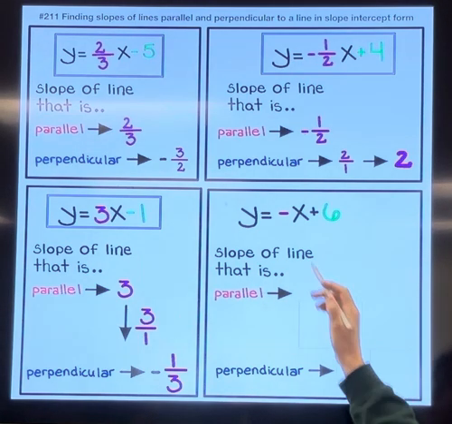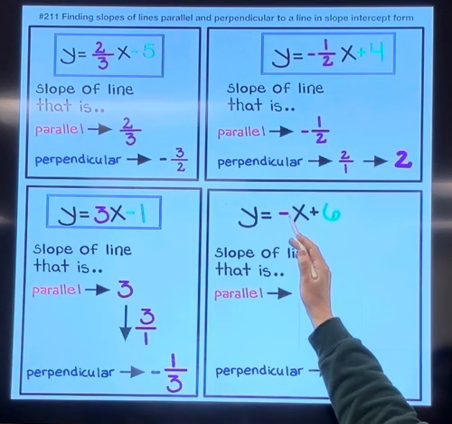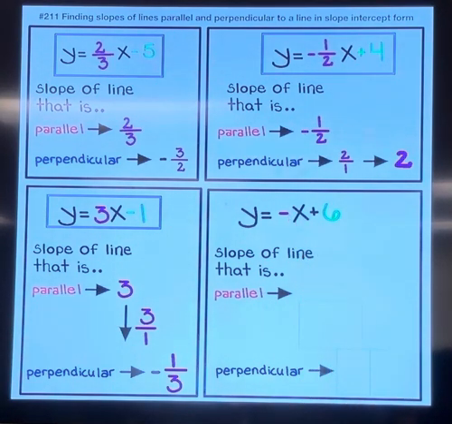Last example, I only see a negative in front of the x, and so that's really -1. So any line parallel to it is going to have a slope of -1.